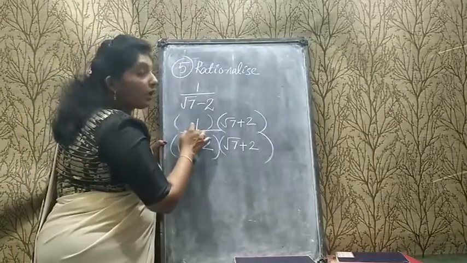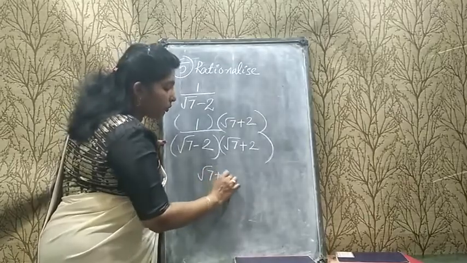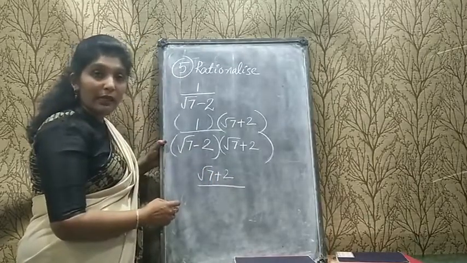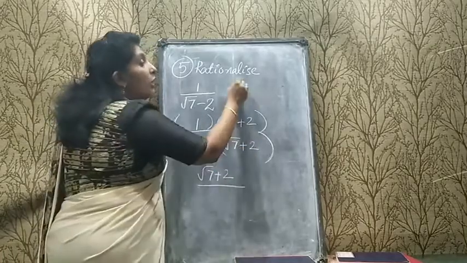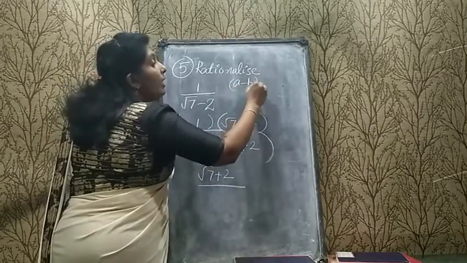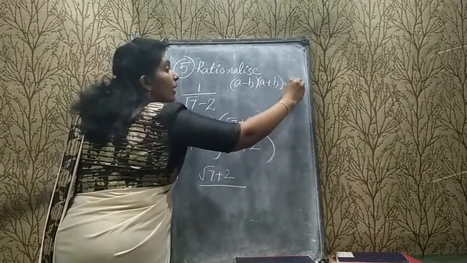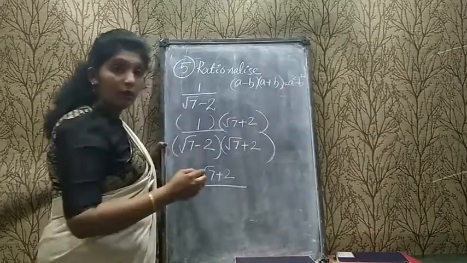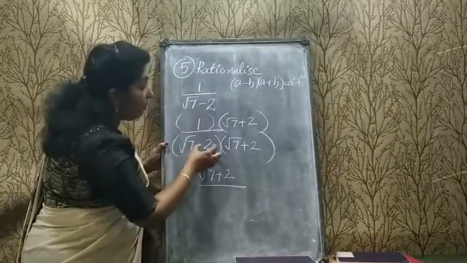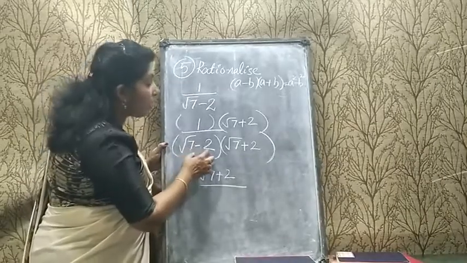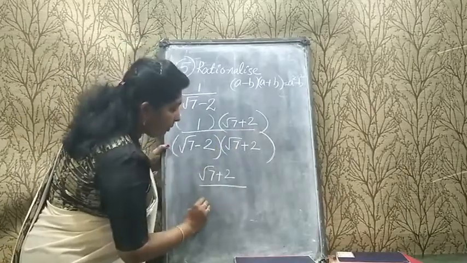Then the numerator will become 1 into root 7 plus 2, which is root 7 plus 2. And the denominator is like a minus b into a plus b. Already you know a minus b into a plus b is equal to a square minus b square. So the denominator can be written as a square minus b square.